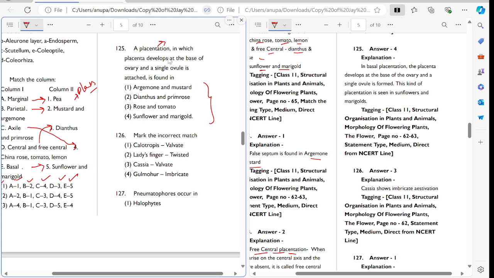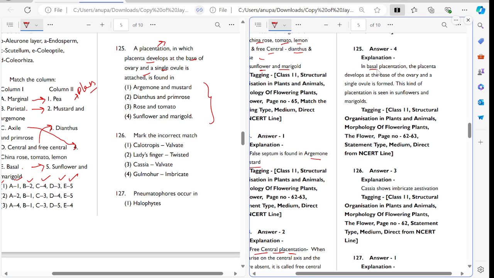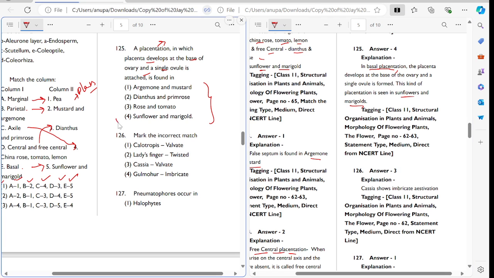Such type of placentation is known as basal placentation, and this kind of placentation is seen in sunflower and marigold. So our answer will be option number 4. Here in option number 4 it is mentioned sunflower and marigold.